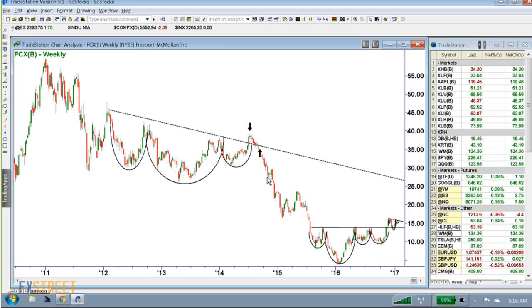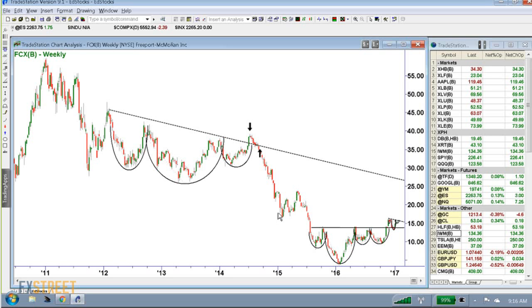But look at the way it fails spectacularly, doesn't it? It fails quite spectacularly. The stock drops from 40 to 15, well, 40 to 20, right? From here to here is 40 to 20. That's cut in half, right? So yeah, they definitely do not all work out, right?